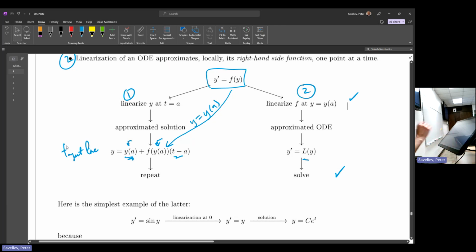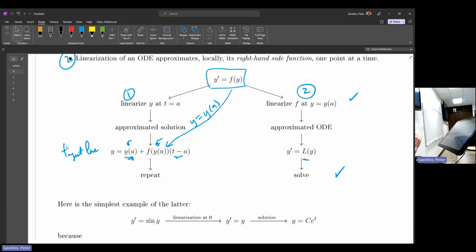Let's look at a simple example that illustrates what we're doing. y prime is equal to sine y. Linearize at 0. Here you have to know that a linear approximation of sine y is equal to y. Does anybody remember how? Sine y at 0, what does it look like?